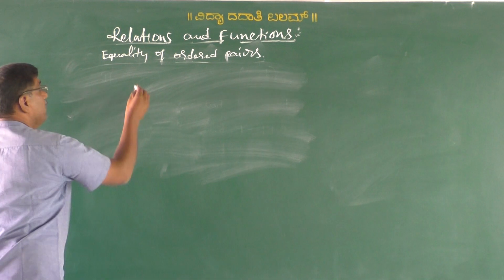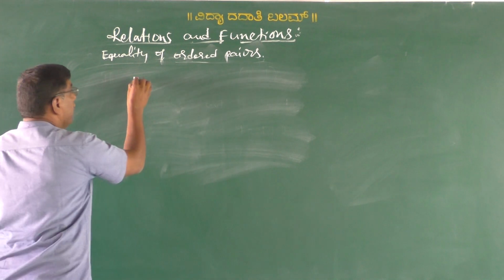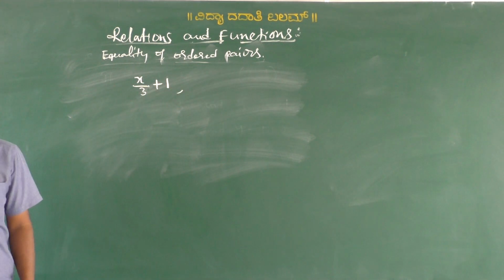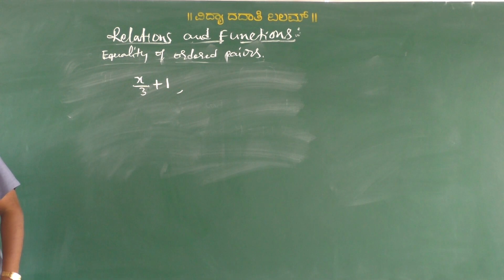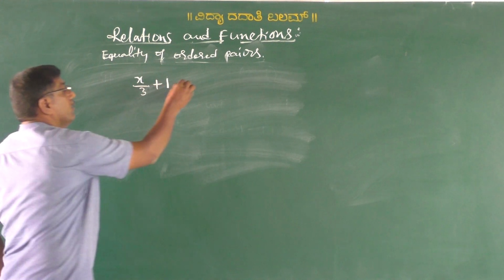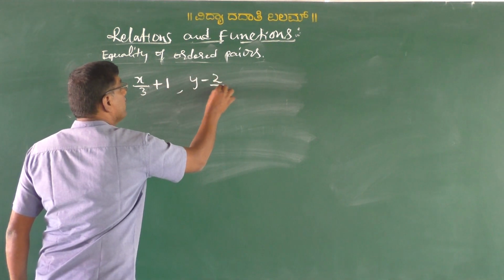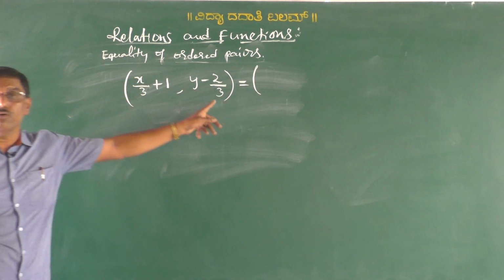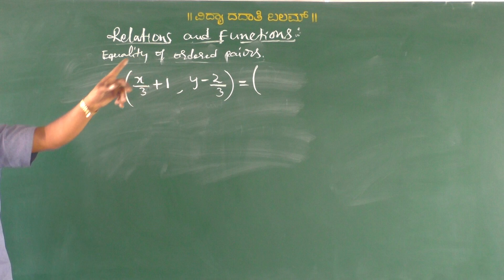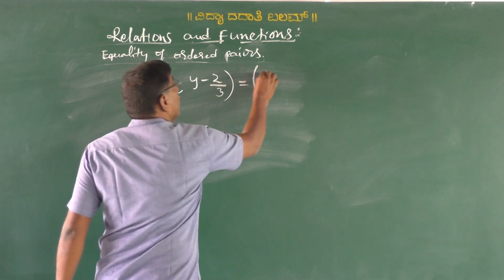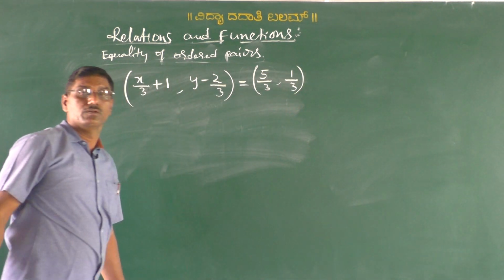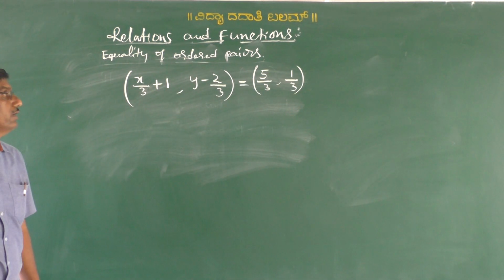That is the ordered pair x by 3 plus 1 comma y minus 2 by 3, which is equal to the ordered pair 5 by 3 comma 1 by 3.